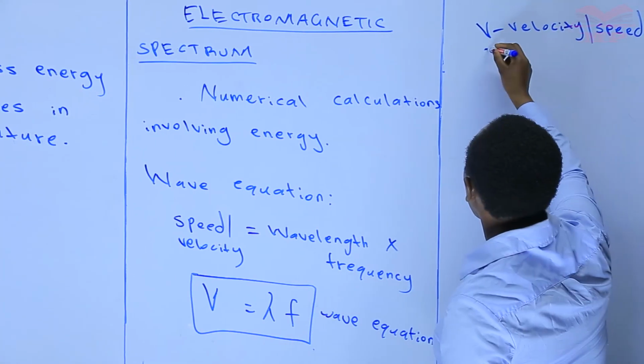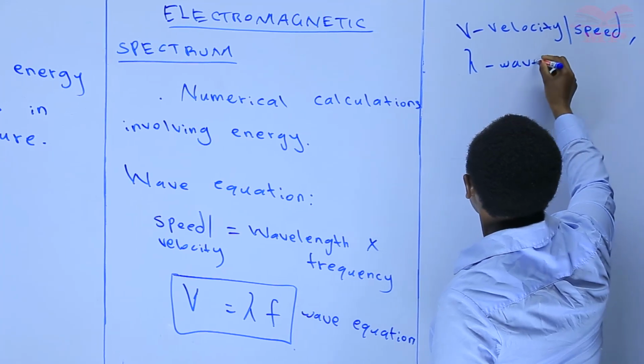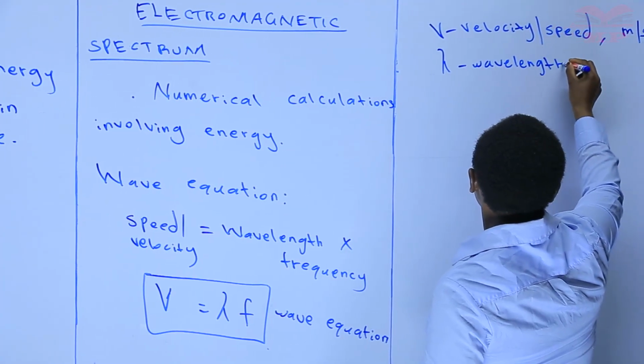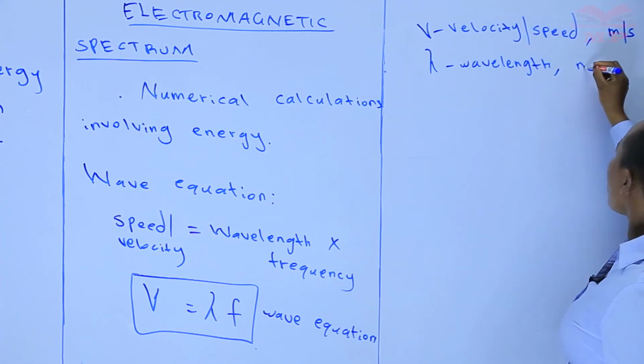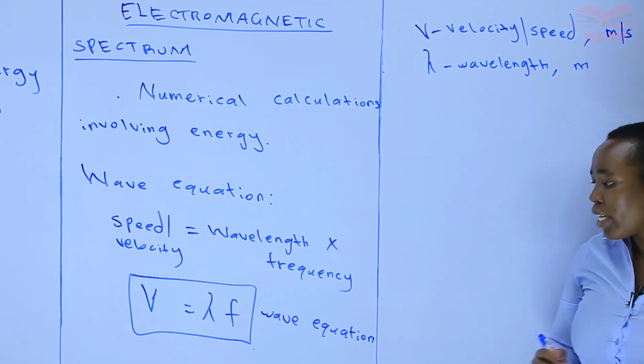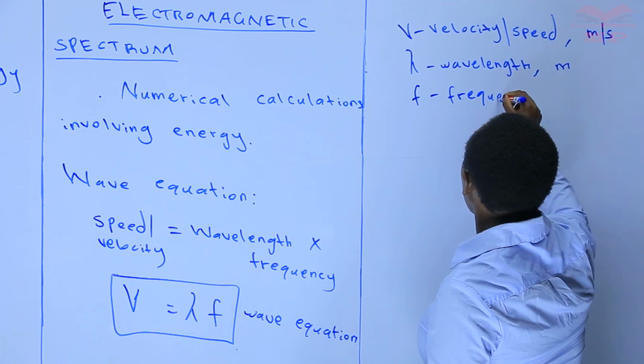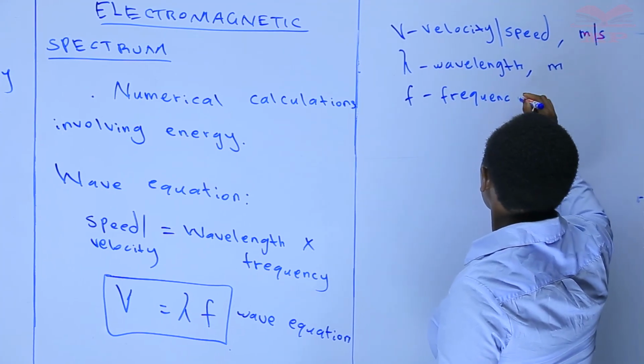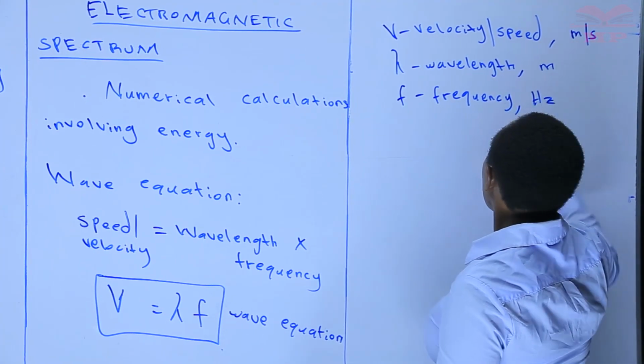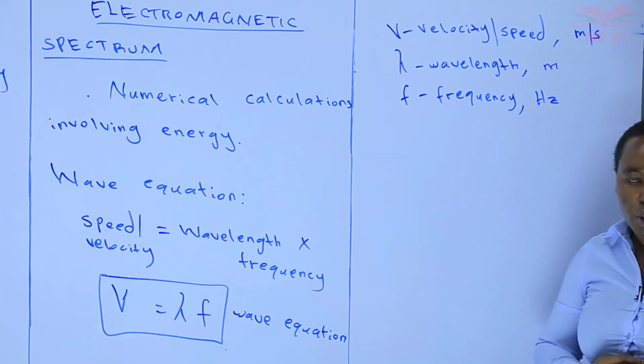Then lambda is the wavelength of the wave, and the units are meters. And then we have frequency, which is in hertz. So that is the wave equation.